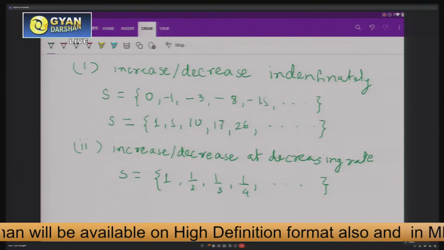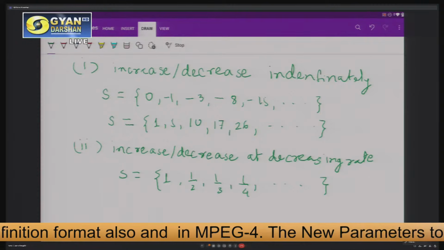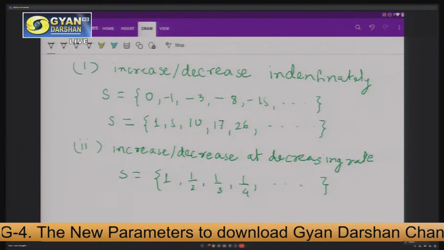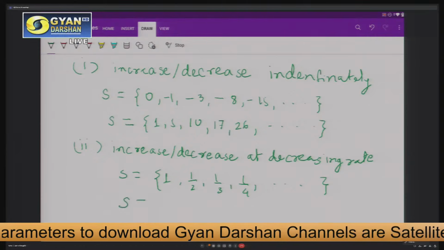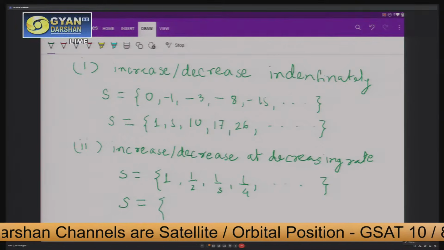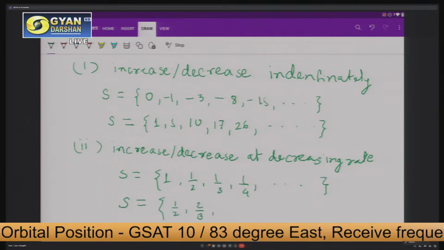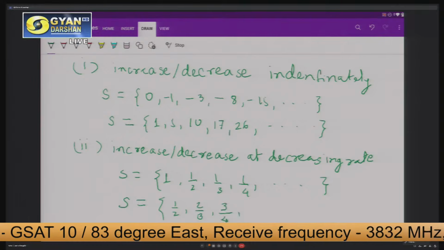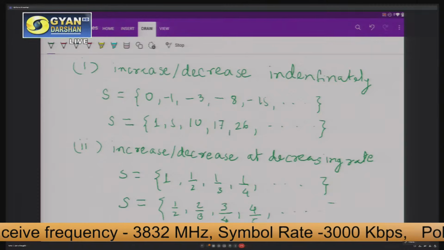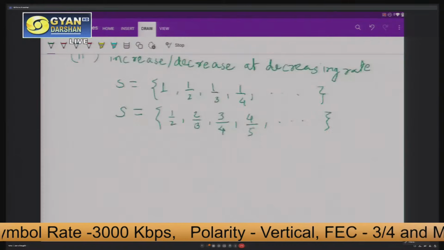You see this sequence is going towards, not exactly 0, but towards 0. Again, another sequence: 1/2, 2/3, as we checked earlier, 3/4, 4/5 and so on. So this is approaching towards 1.